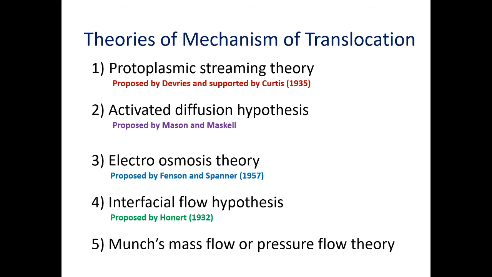Protoplasmic streaming theory, proposed by De Vries and supported by Curtis, and activated diffusion hypothesis, proposed by Mason and Maskell. Electroosmosis theory, proposed by Fensom and Spanner, and interfacial flow hypothesis, proposed by Hornert, and Munch mass flow or pressure flow theory, proposed by Munch.